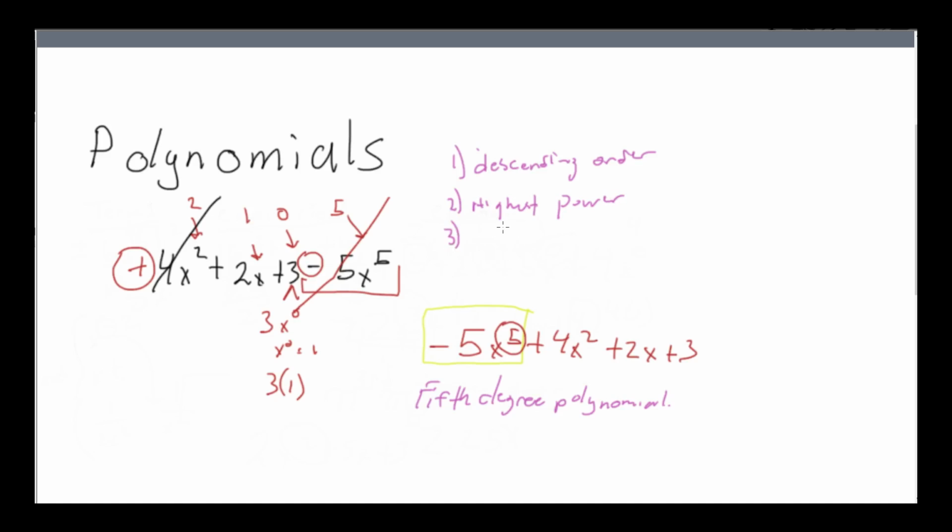And once you look at the power, you'll know the degree of the polynomial. So you'll identify the degree by the highest exponent.